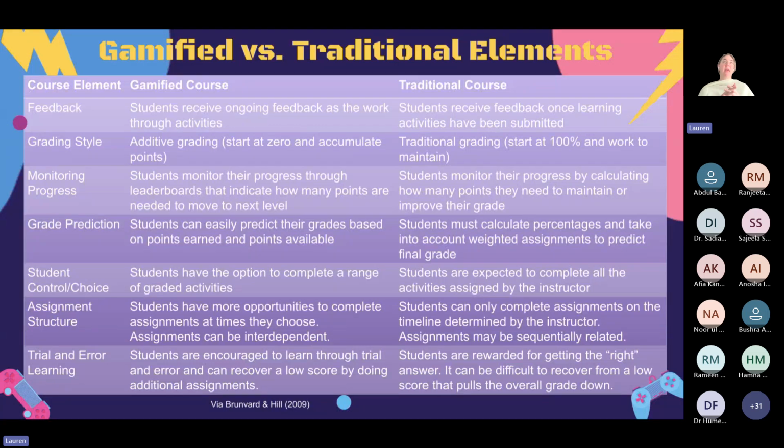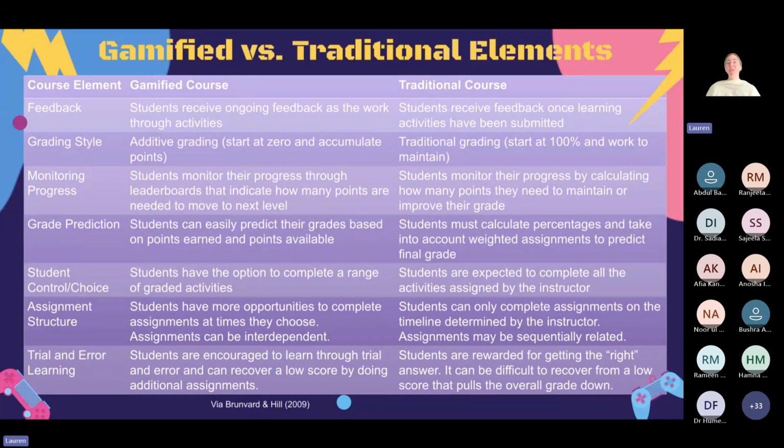If you think about a very simple phone game like Candy Crush. So as you're working through each level of Candy Crush, you can see where your points are at that level. So gamified learning can use a similar style of feedback, how much you've completed of that particular activity, perhaps.